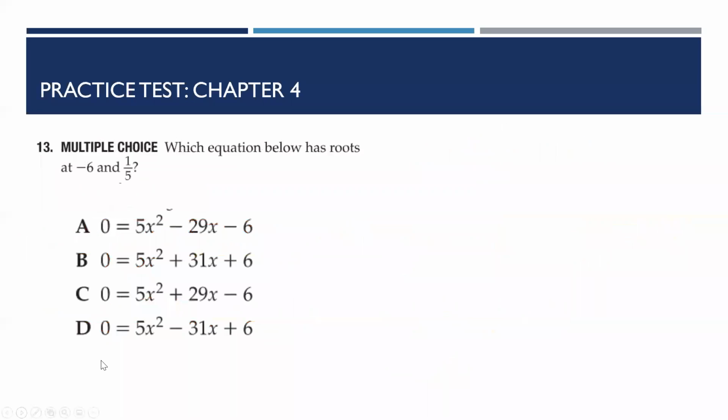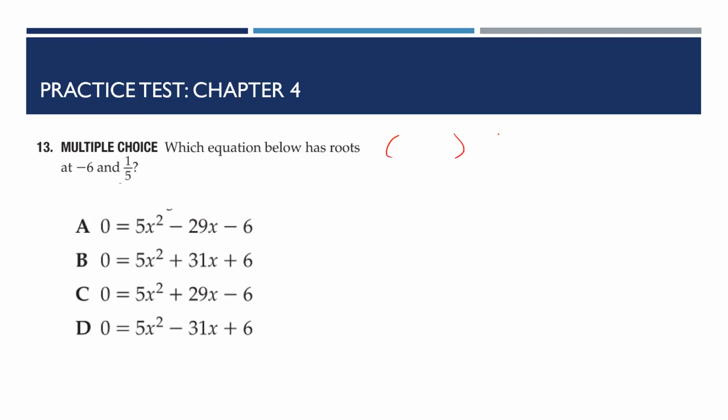Okay. All right, so question number 13 says, which equation below has roots at negative 6 and 1/5? Okay, so here, this is saying that when you set this x equal to 0, they end up getting negative 6 and 1/5.